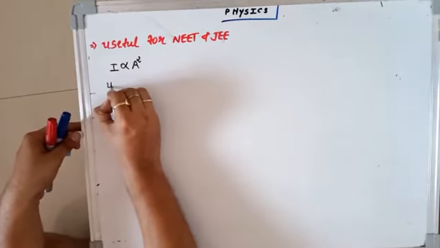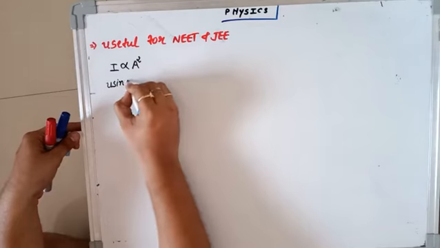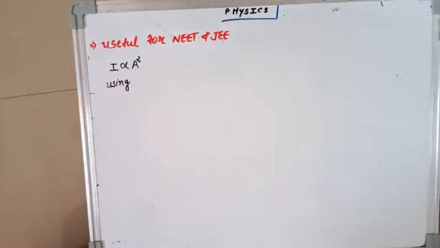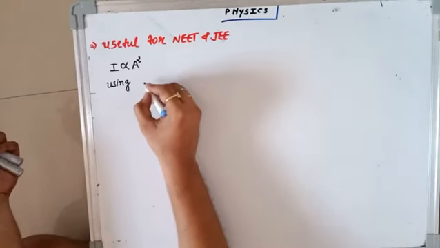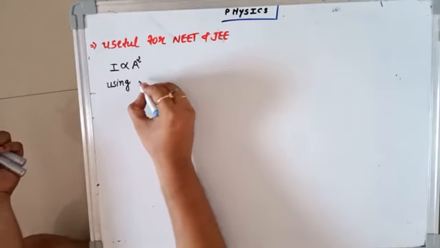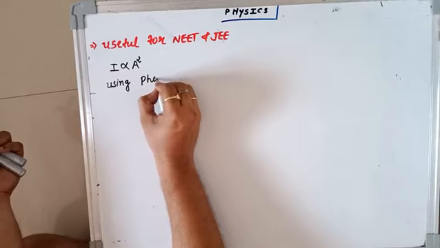Using the phasor method, this method you do not have to study. It comes in chapter number 7, alternating current, using the phasor method, but it is simple.